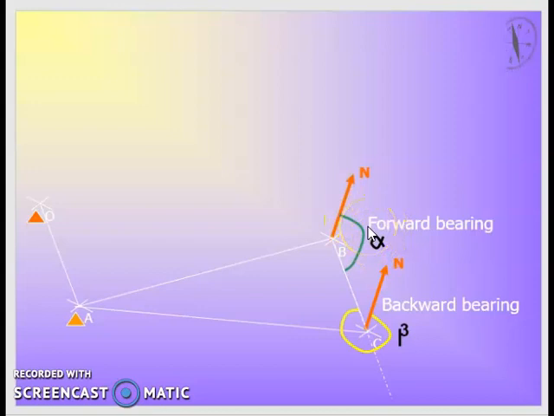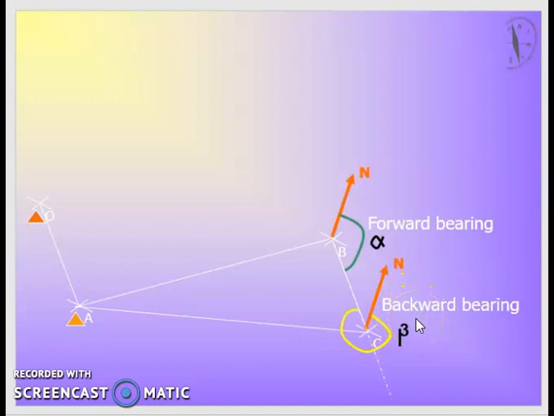If you are talking about the backward bearing of the line BC, in this case, you will place the north at the end of your line. So the end of the line BC is in fact at point C, and then you rotate in the clockwise direction towards the line BC, and you get your backward bearing of the line BC.